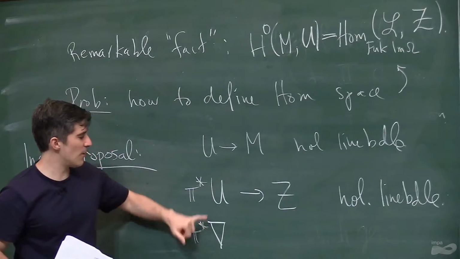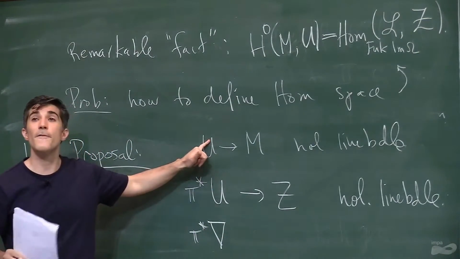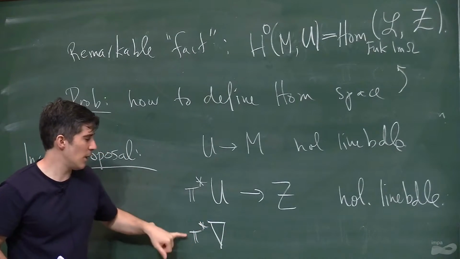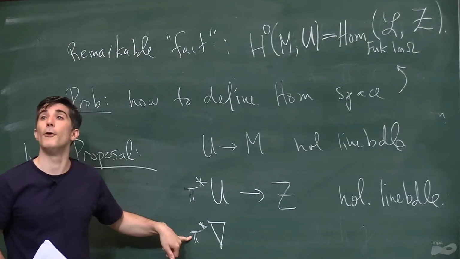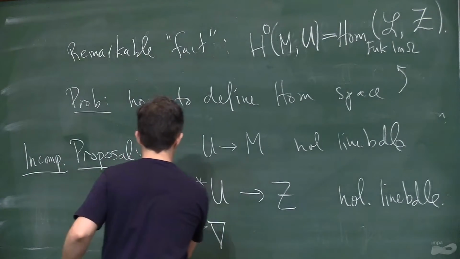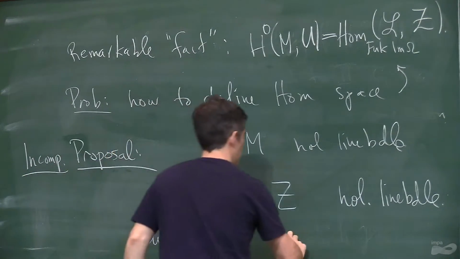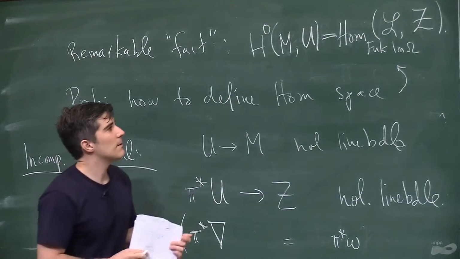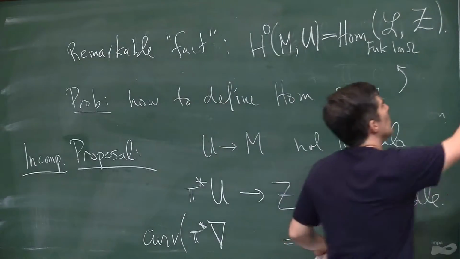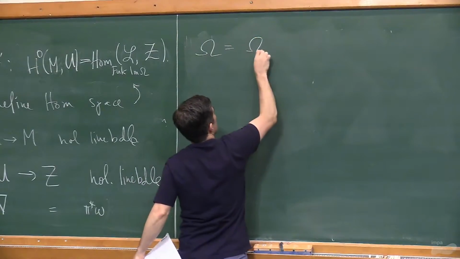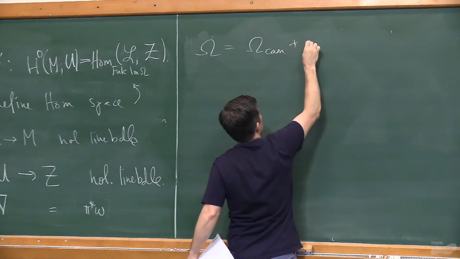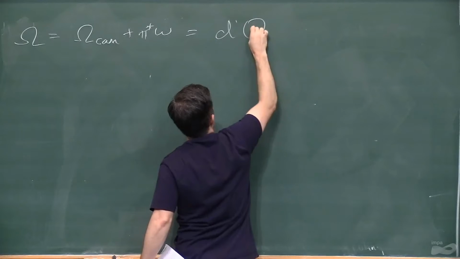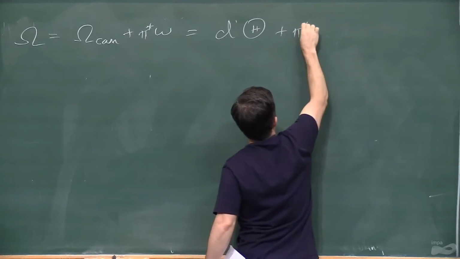But if you remember, the connection on U had curvature omega. And so this will have curvature equal to the pullback of omega. But the form that I have is the canonical form plus the pullback of omega. And this is d theta plus the pullback of omega.